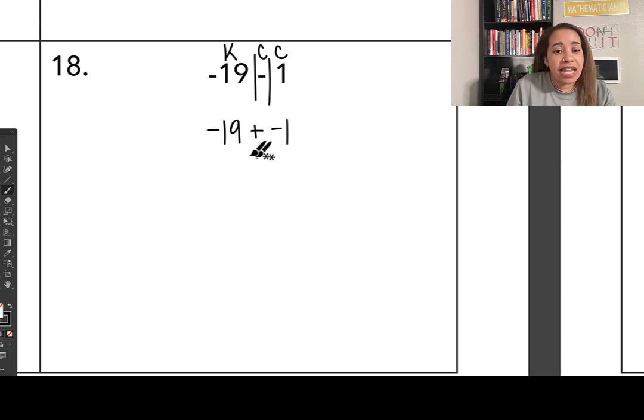We say same signs add, so we can write 19 plus 1. 19 plus 1 gives us 20. And for our final answer, we look back at our addition problem and both integers were negative, so our final answer must also be negative. Negative 19 minus 1 gives us negative 20.